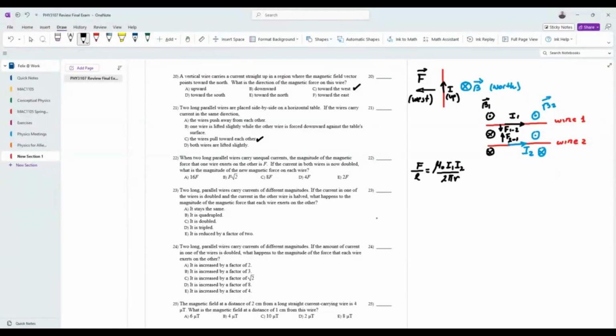You know, then you have this force per unit of length depends on the current of both wires and also on the distance between the wires. So R is the distance from wire to wire, right? Now, if they say the current in both is now doubled, what is the magnitude of the new magnetic force on each wire?